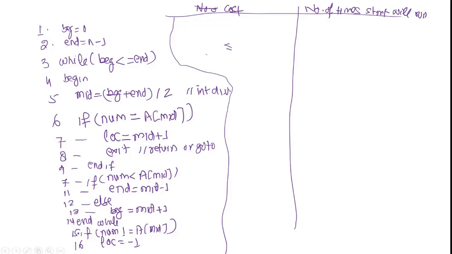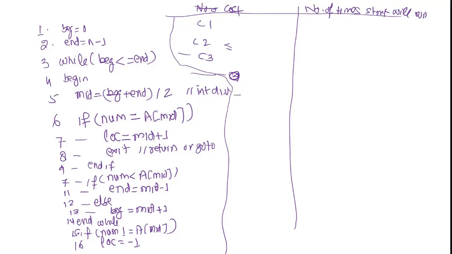So let us assume the cost of execution of this is C1, C2, C3, begin is C4. The cost of execution of these braces we can write as 0. Unnecessarily increasing the variable is not needed.